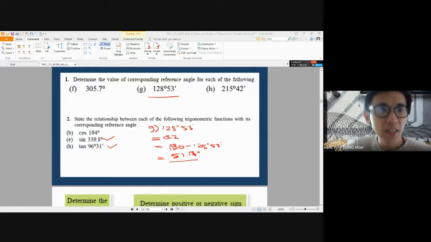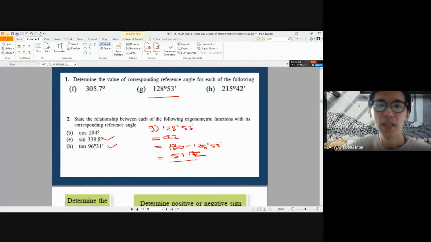Okay, very good. Actually, you can give your answer either in degree only, or degree and minutes also. My answer should be 51.12. Yes, sorry, not 7, 12. 51.12 degree.